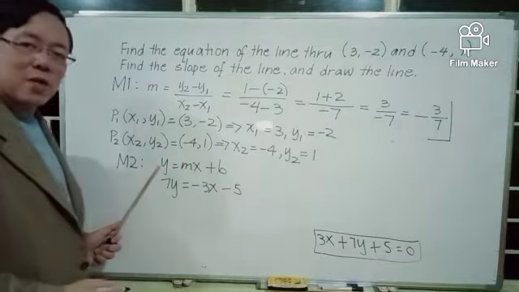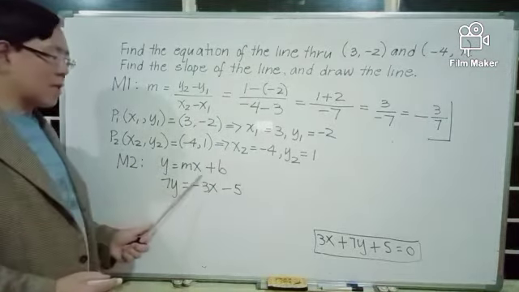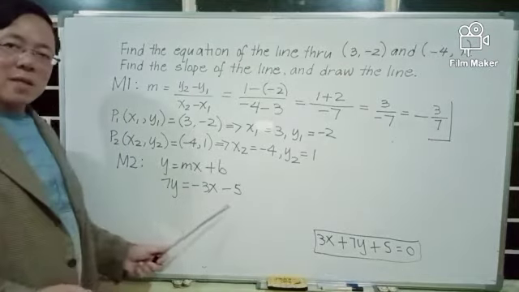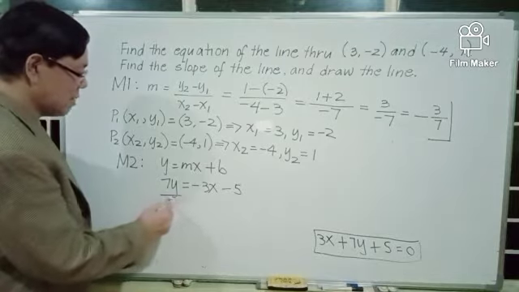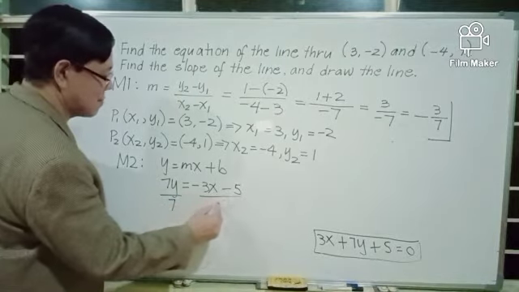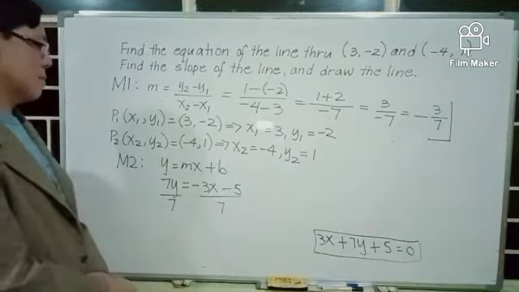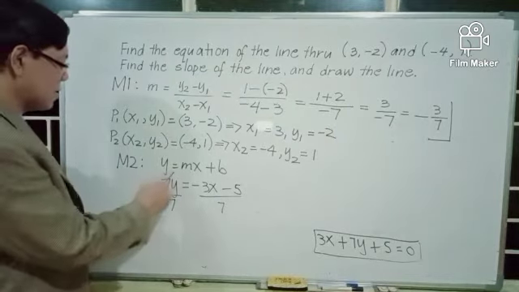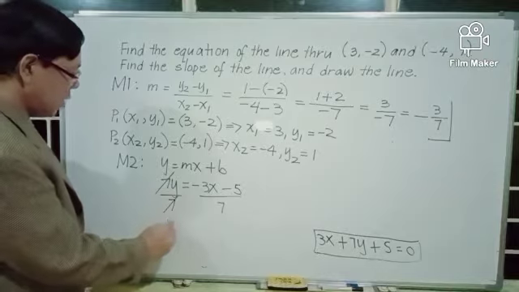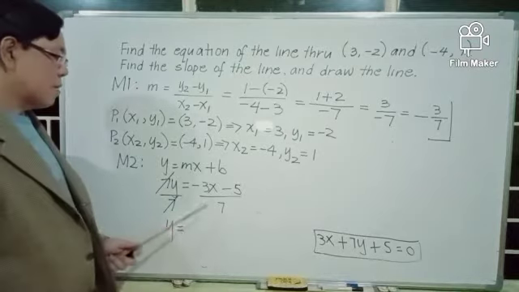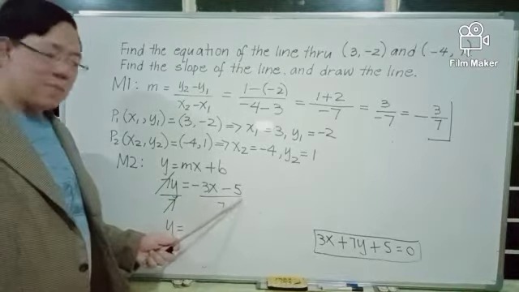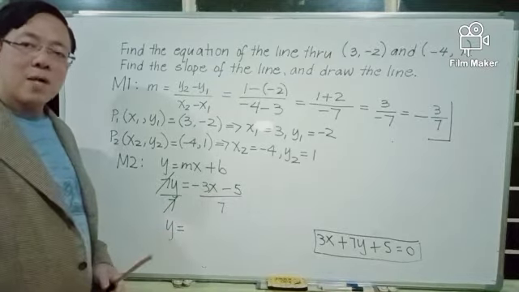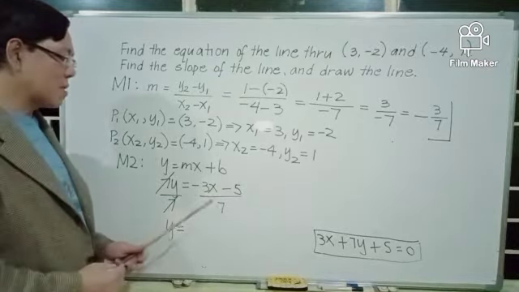And the coefficient of y in slope-intercept form is positive 1. We divide now both sides of this equation by 7. And 7 will cancel out from the left-hand side. We have y equals, now to divide the numerator by 7 is to divide each term of the binomial in the numerator by 7.